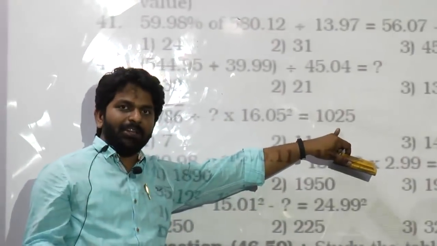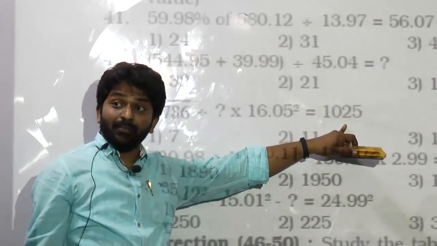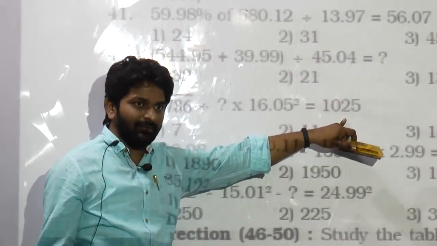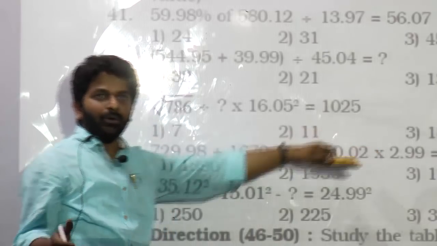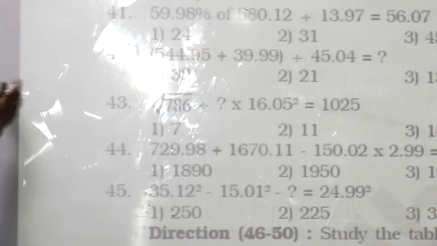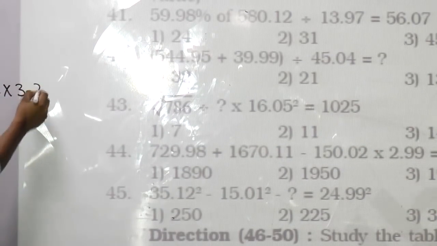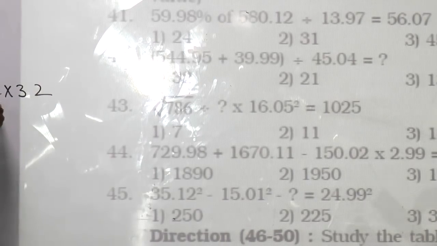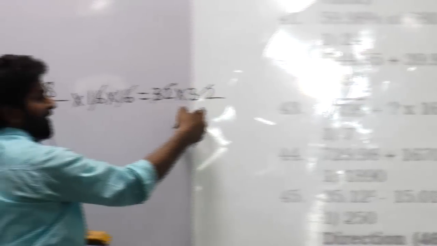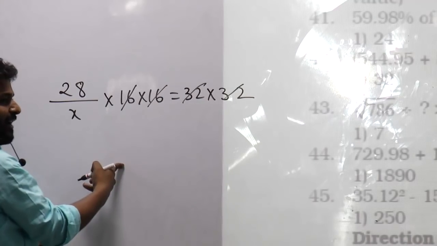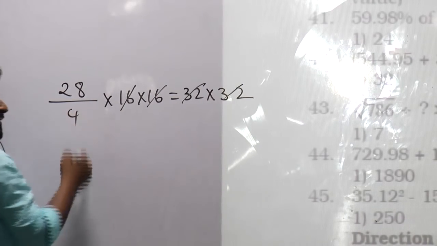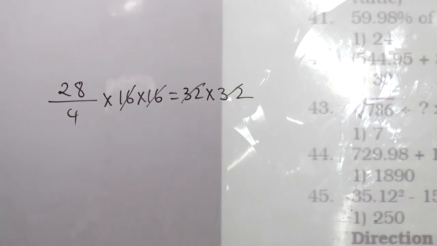Approximate. 1024 is 2 to the power of 10. Otherwise 32 square. 1024 is 32 square. So let me write it as 32 into 32, 16 2 times, 16 2 times, how much do you have? 4. X goes to right hand side and 4 becomes 28 by 4. 4 becomes divided by 4. 28 by 4 in the sense 7.